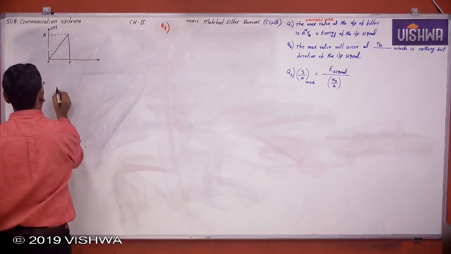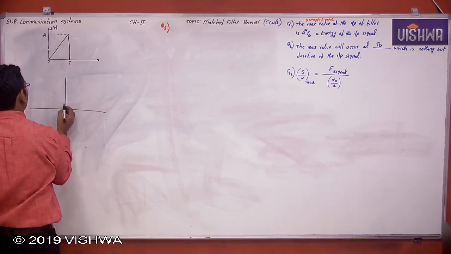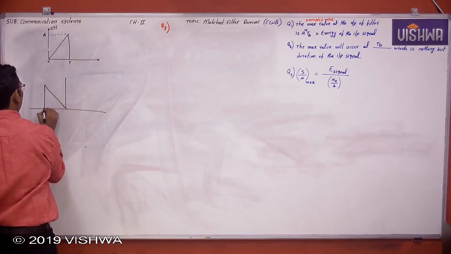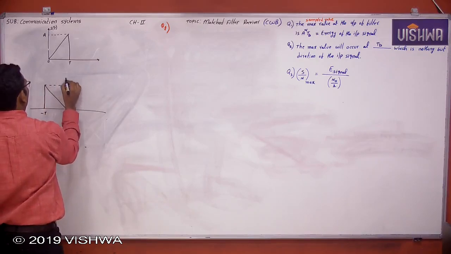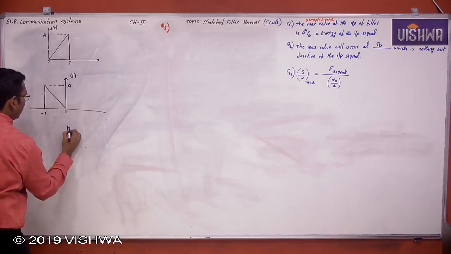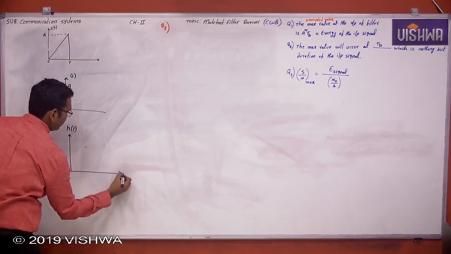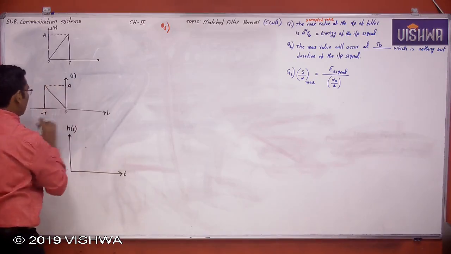Same. What is the first step? Just folding. Step 1 is folding. Then what is the second step? The impulse response is nothing but shifted to the right side. Just shift to the right side.